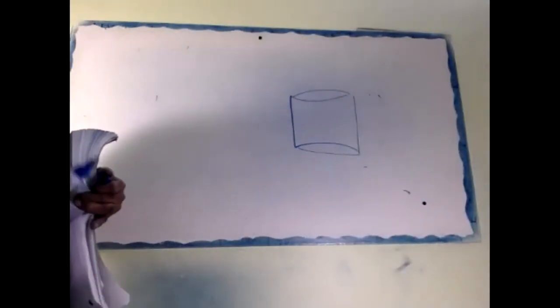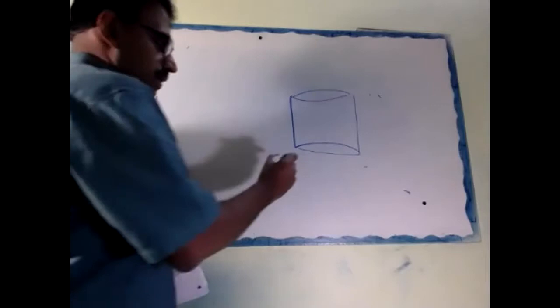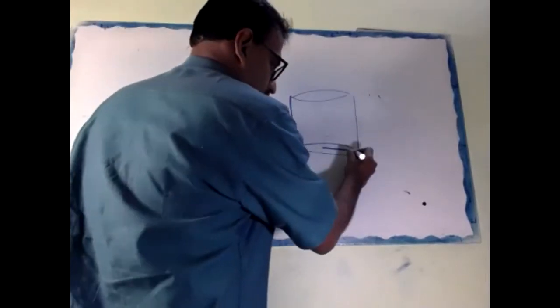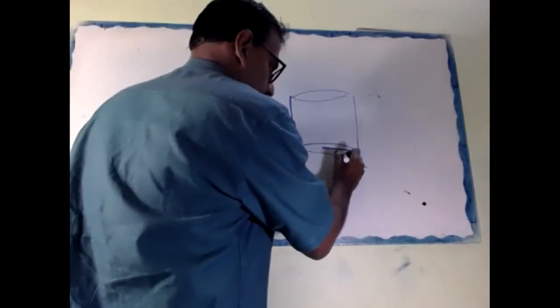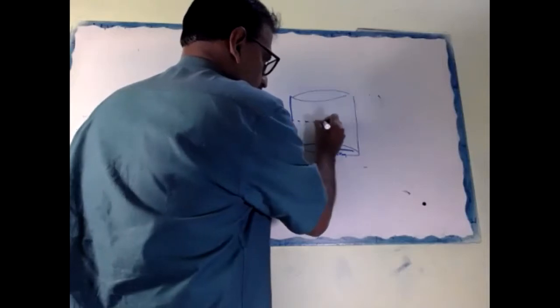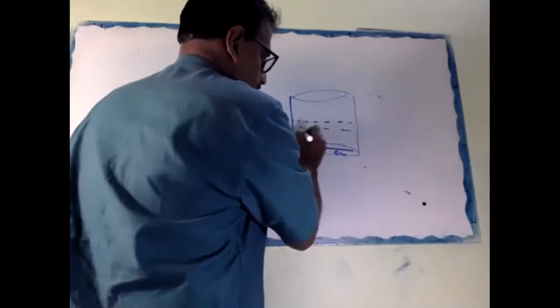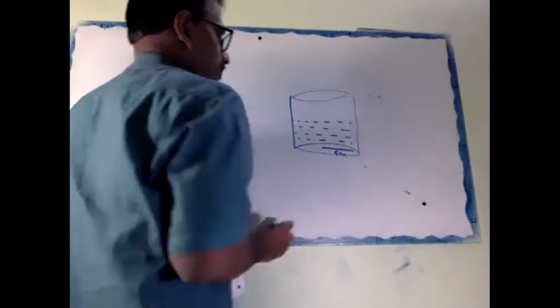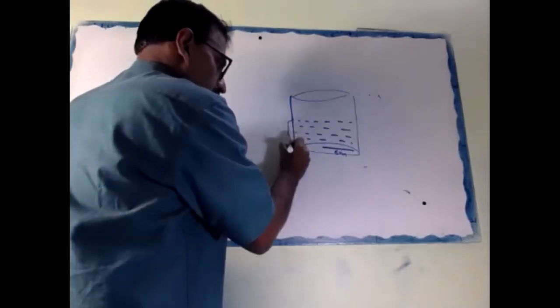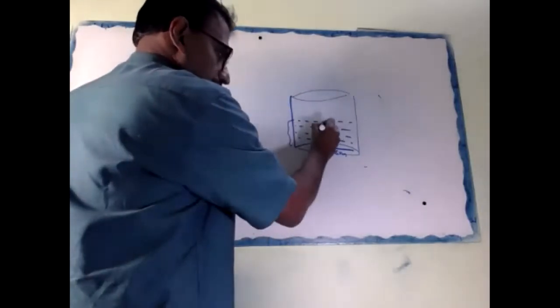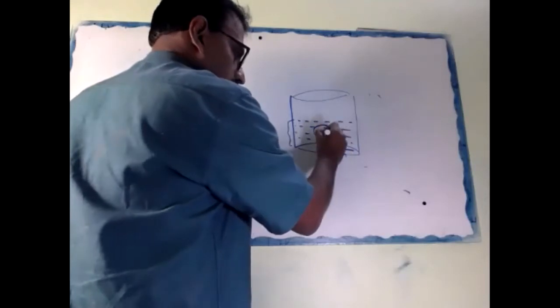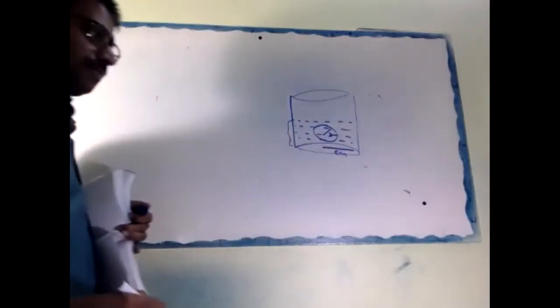Okay, just listen. This one is 6 centimeter. Originally, this much water is already there. Now a sphere of radius 3 centimeter is inside. What happened?